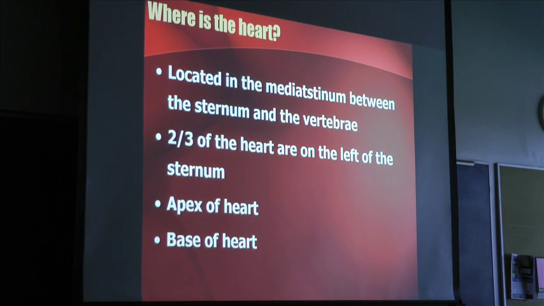So then you could palpate 3, 4, 5, and then go over to mid-clavicular. So right underneath breast tissue in women is the mid-clavicular line, 5th intercostal space. So that's where you hear heart sounds the best. And then the base of the heart is below the second rib.